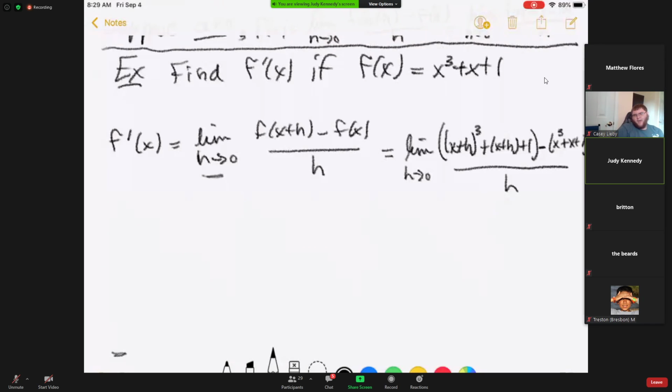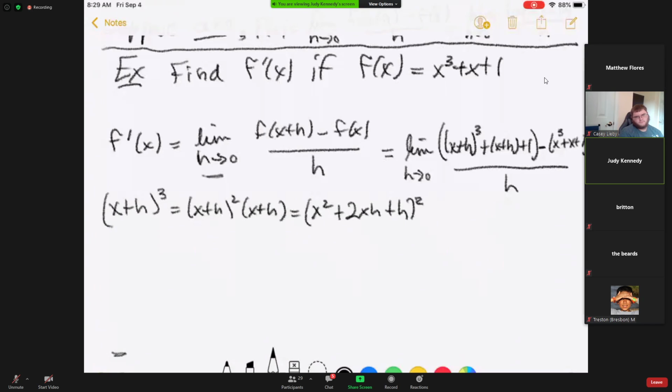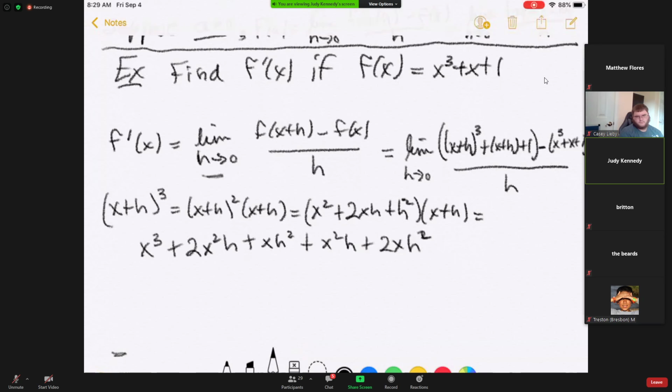If you know the binomial formula, it's really easy, but if you don't, you can always just multiply out. x plus h squared is x squared plus 2xh plus h squared, times x plus h is equal to x cubed plus 2x squared h plus xh squared plus x squared h plus 2xh squared plus h cubed.